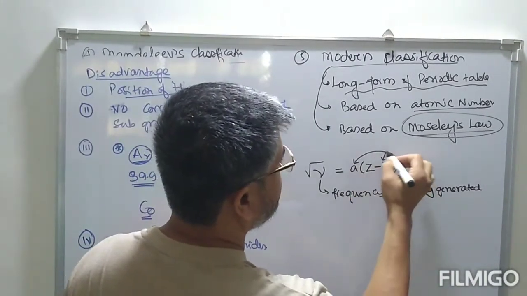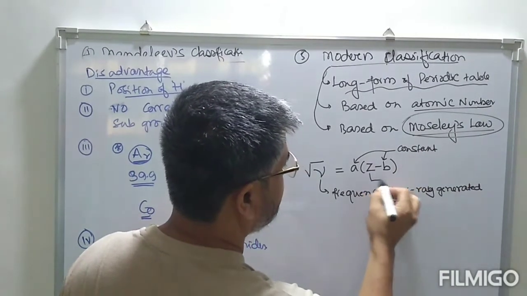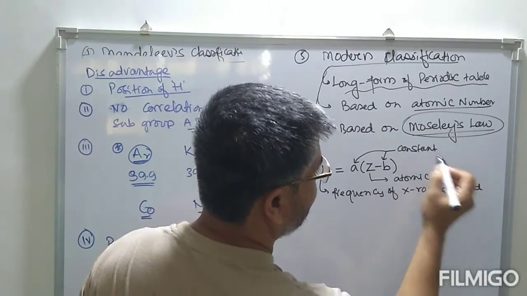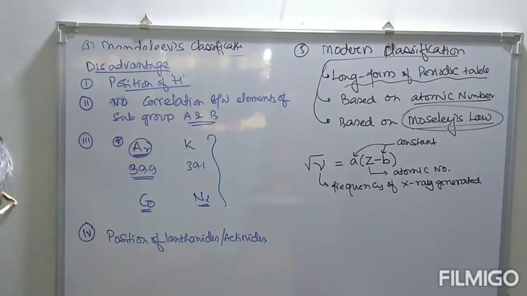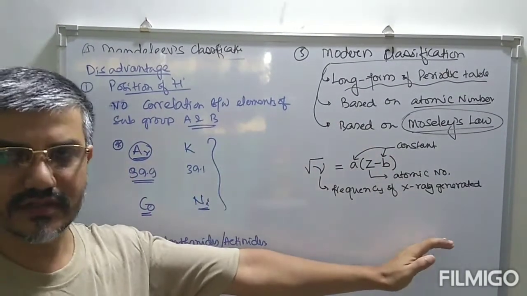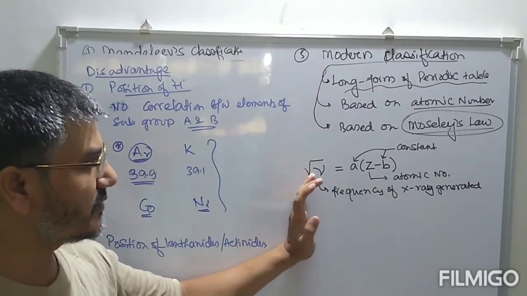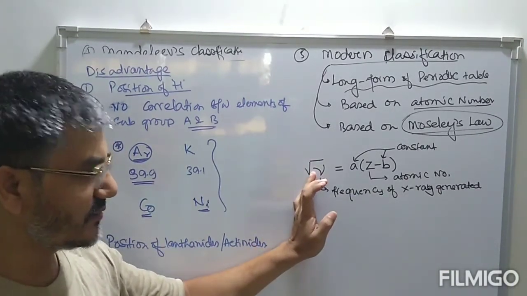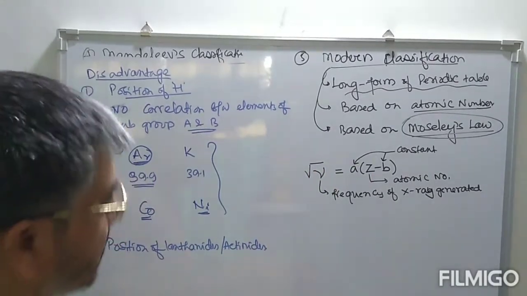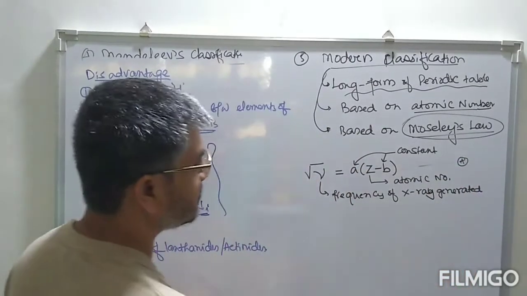A and B are constants characteristic of a given element, and Z is the atomic number. So he took different elements, from these different elements X-rays were generated, and he made a graph between the frequency of X-rays and atomic number, and he found the graph to be a straight line. So look at this, this is the basic equation.